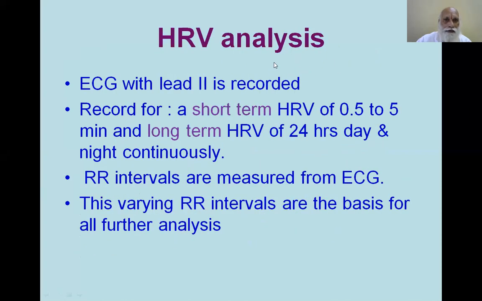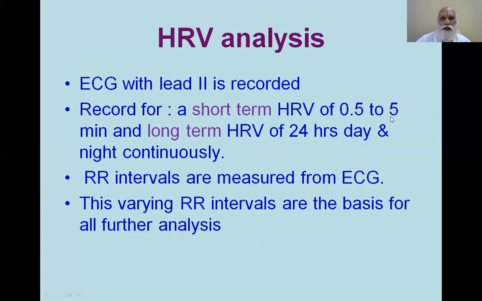HRV analysis, or heart rate variability analysis. For this analysis, ECG is generally recorded using lead 2, where the QRS is quite prominent. To record short-term heart rate variability, you use a duration of 0.5 to 5 minutes.